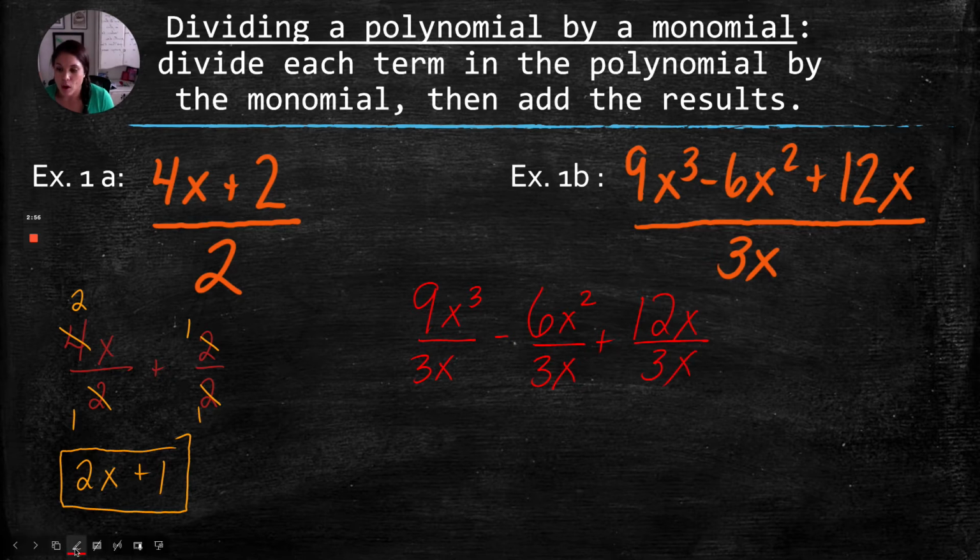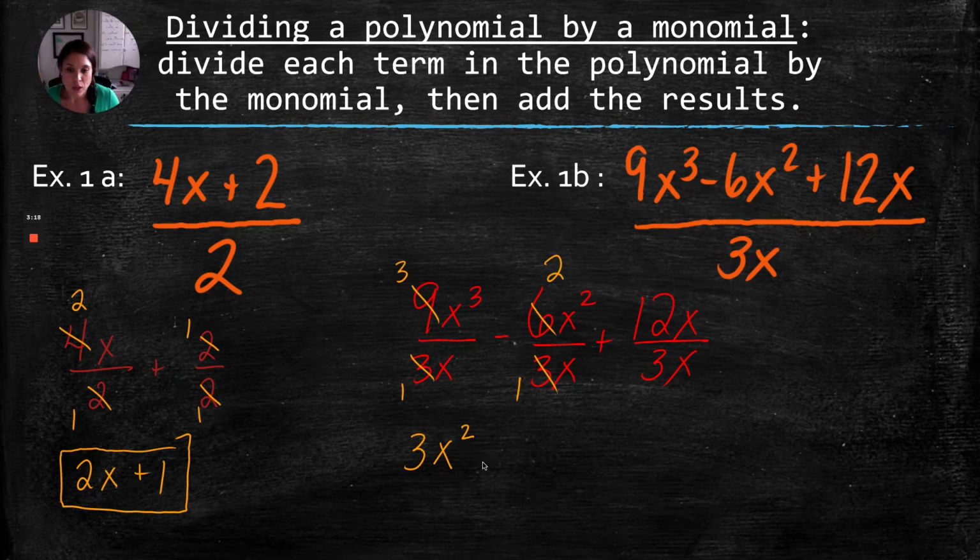Now let's work on simplifying this answer. So 3 goes into 3 1 time, 3 goes into 9 3 times, x to the third power minus 1 is x squared. 3 goes into 3 1 time, 3 goes into 6 2 times.